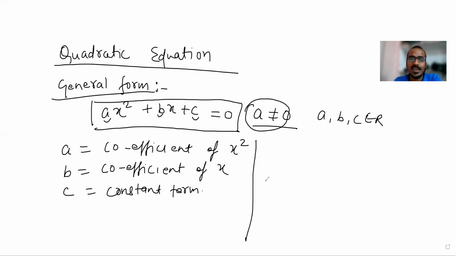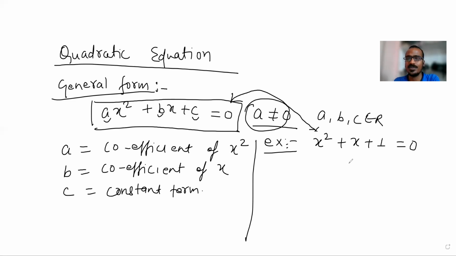We can take examples of a quadratic equation. A very simple example is x square plus x plus 1 is equal to 0. Is this a quadratic equation? Compare with the general form. These two look similar, so this is a quadratic equation.